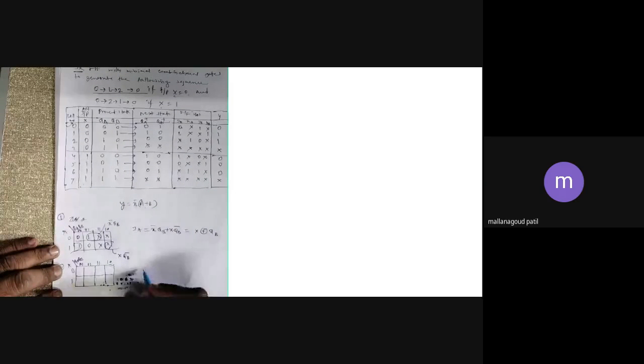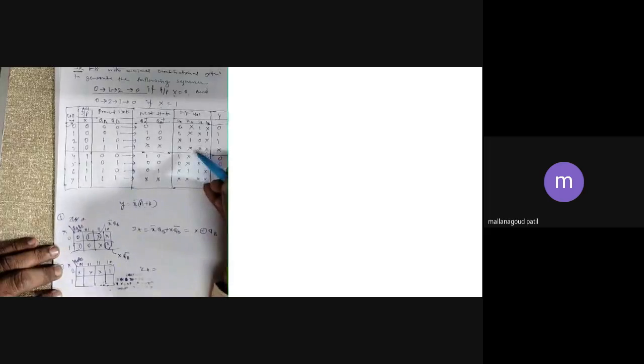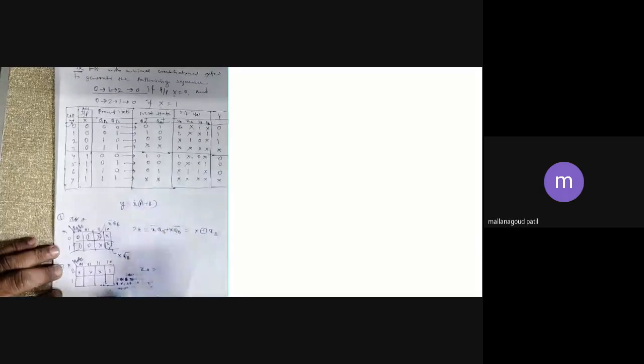K. Then I can write here K equal to, how is it there? X X 1 X, X X 1 X, then X X 1 X same, X X 1 X. What should be K? 1. All are possible to group. K equal to 1 is right.